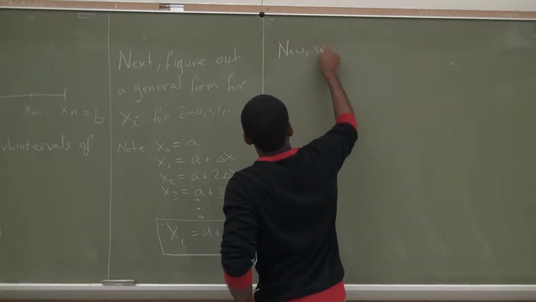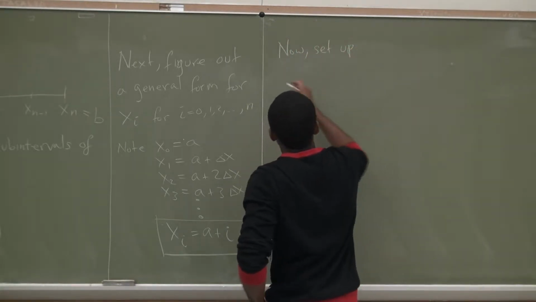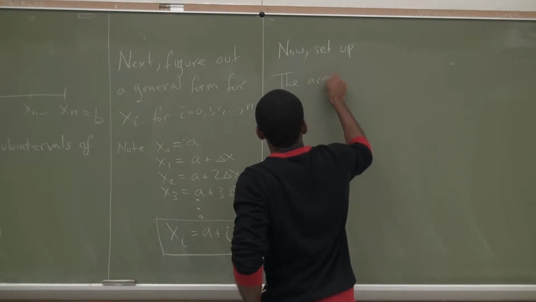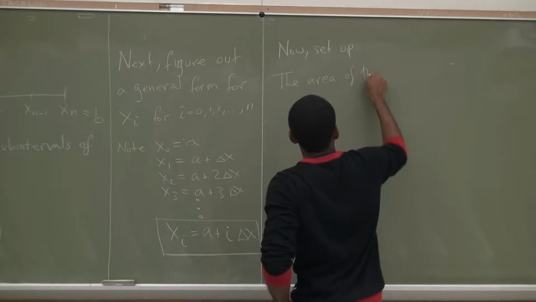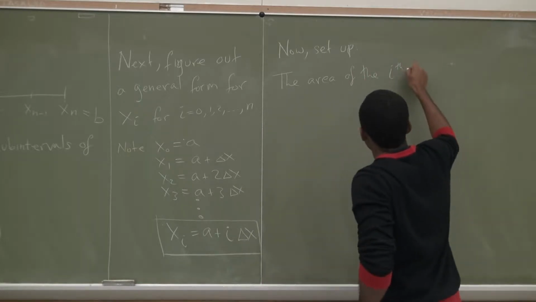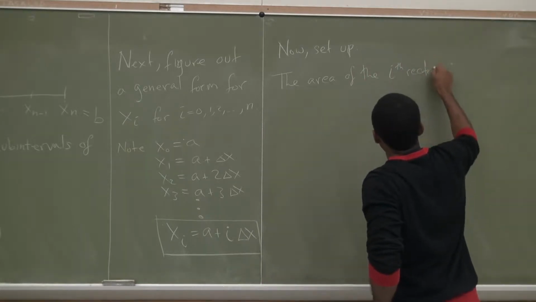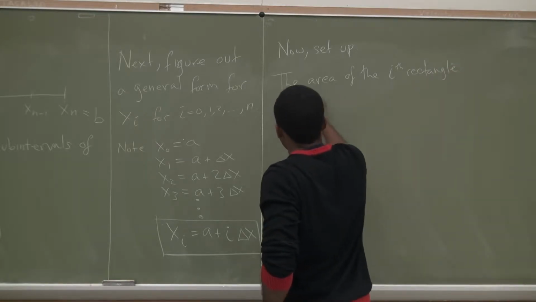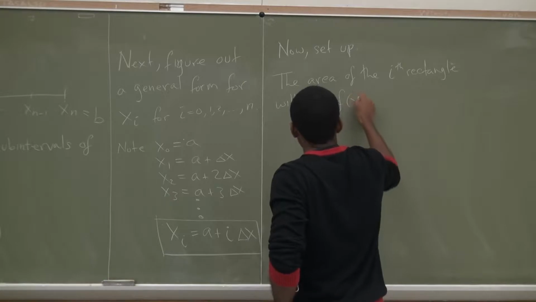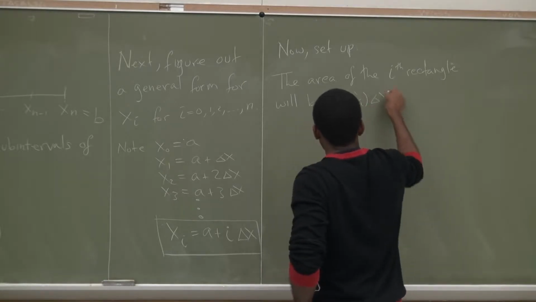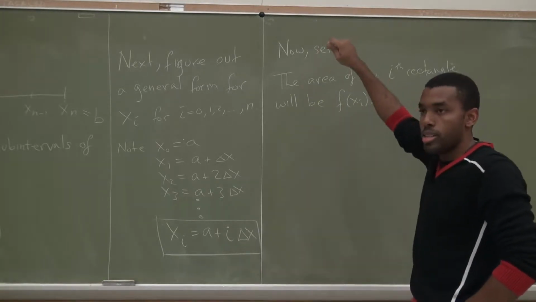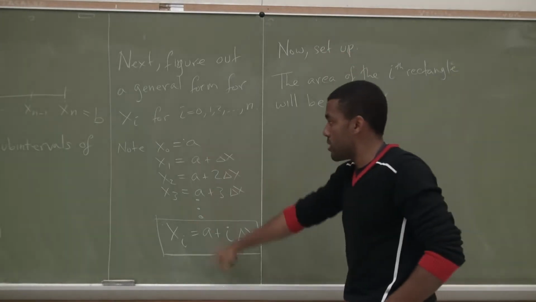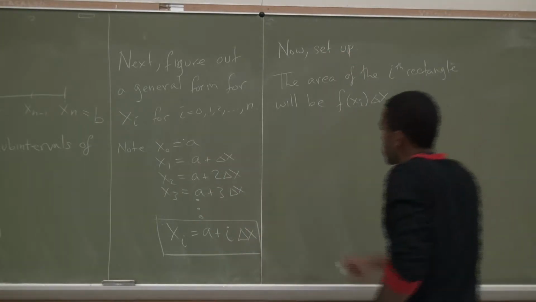Now, set up. The area of the ith rectangle will be just f of xi times delta x, because remember, the height of our rectangle was given by the function, and we're evaluating it at these x values.